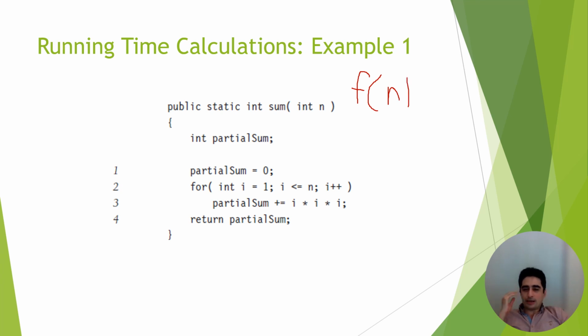That means, assuming that I'm passing integer n as the only input parameter of this method, it takes a computer or a CPU f of n different instructions to successfully execute this method, right? So from the time that the method is called until the time it returns, if you count how many instructions the CPU has to run, that count would be equal to f of n, right?